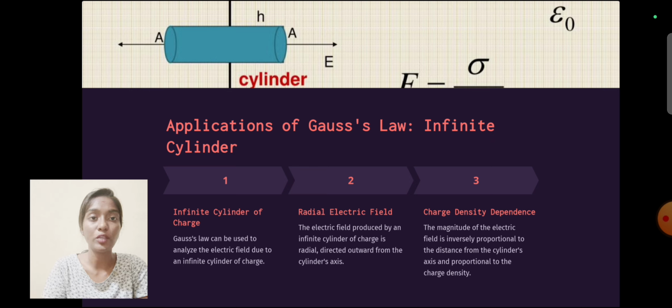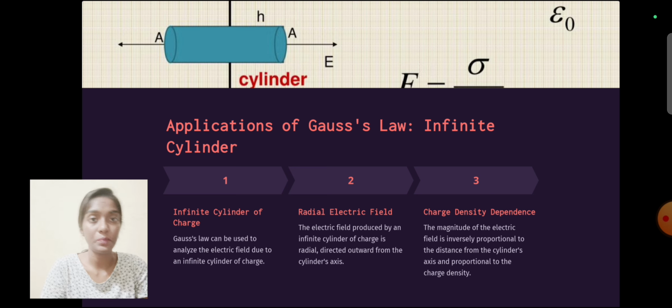Gauss law can be used to analyze the electric field due to an infinite cylinder of charge. Radial electric field. The electric field produced by an infinite cylinder of charge is radial, directed outward from the cylindrical axis. Charge density dependence. The magnitude of the electric field is inversely proportional to the distance from the cylinder axis and proportional to the charge density.